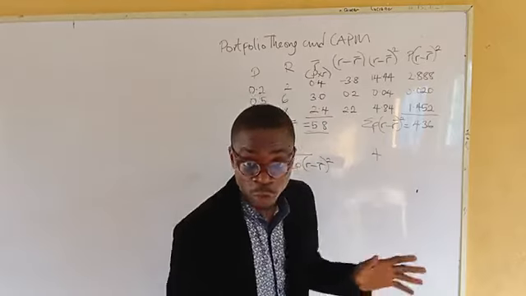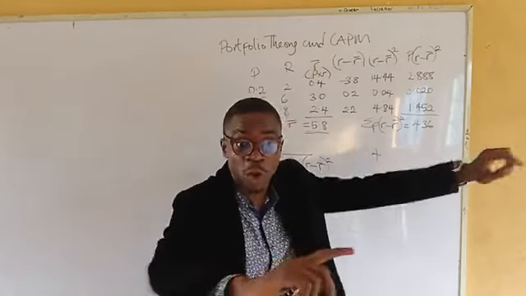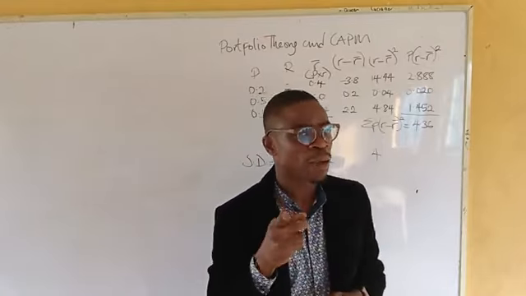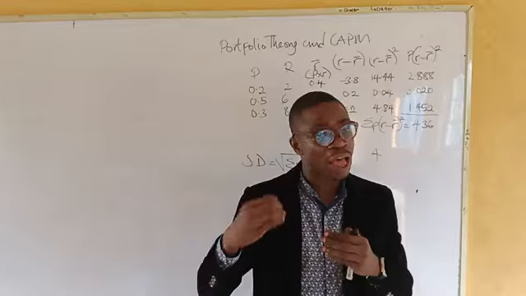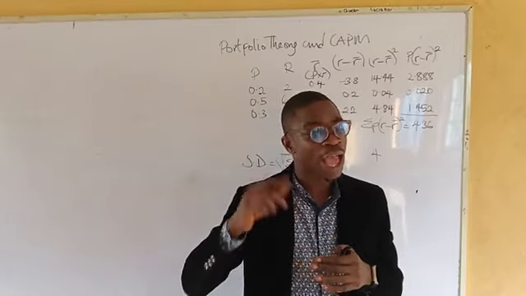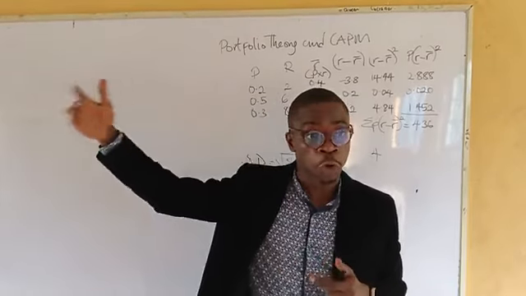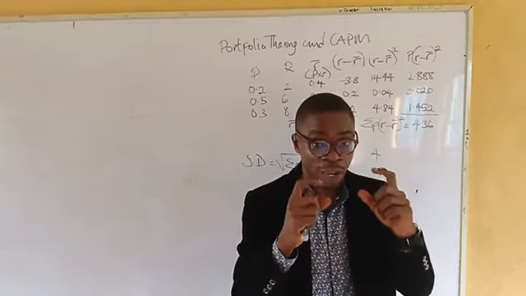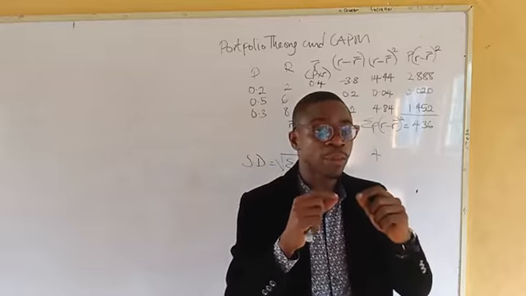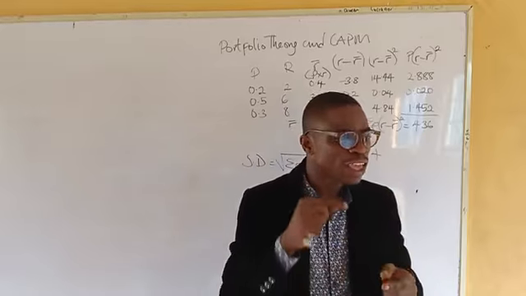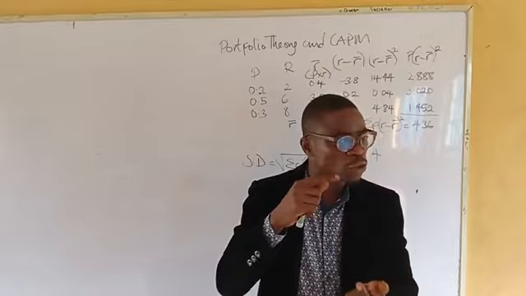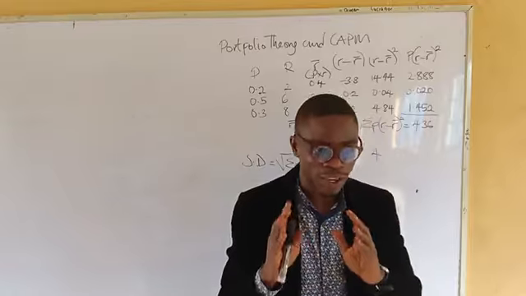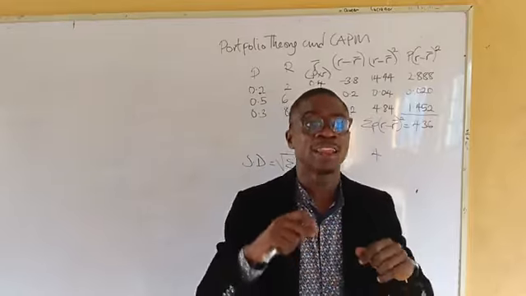I'm just making an illustration, because the reason I'm explaining all this is that in your exam, especially when we are solving questions on portfolio, they may give you the variance, so it's not left for you to convert it to standard deviation. You may not understand what I'm saying now, but when we get to portfolio, you will understand it better.